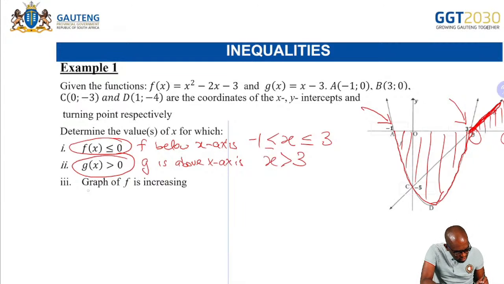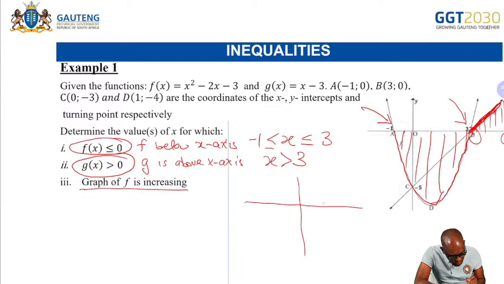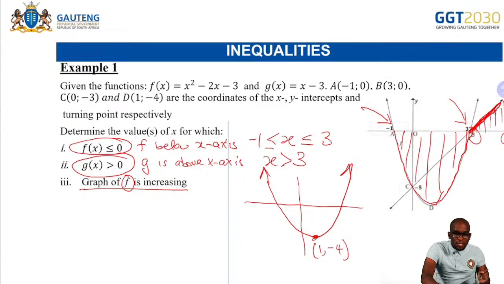Now they are asking when the graph of f is increasing. If I were to just put in a rough sketch of that, only f, because they are talking about f, you know the turning point there is 1 and -4, like that. So they are asking us here, when is the graph of f increasing?